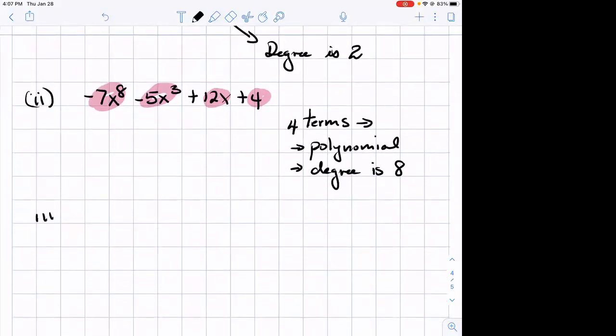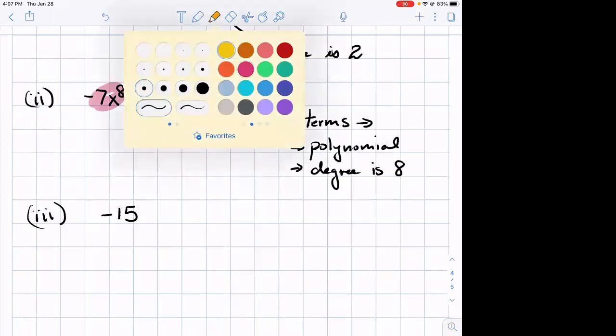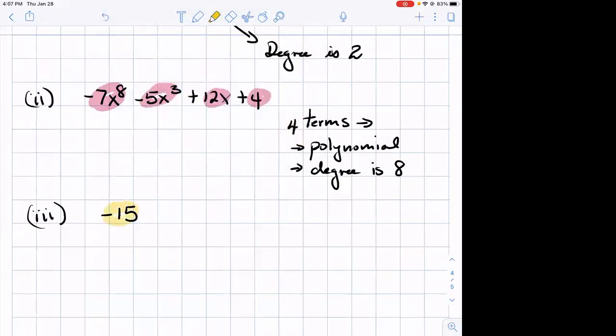Another example, how about if we have minus 15? Well, in this scenario, we only have 1 term. That's it. So here we only have 1 term. And if it's 1 term, it is a monomial.